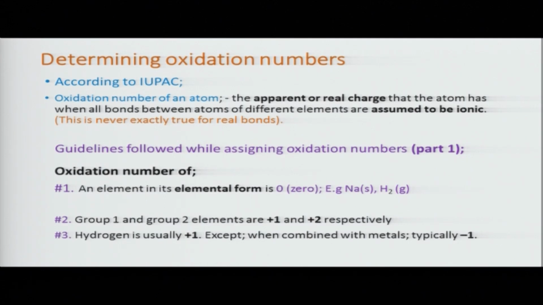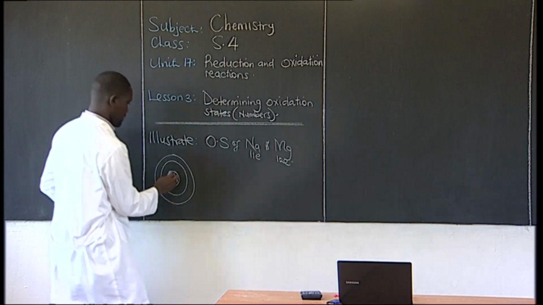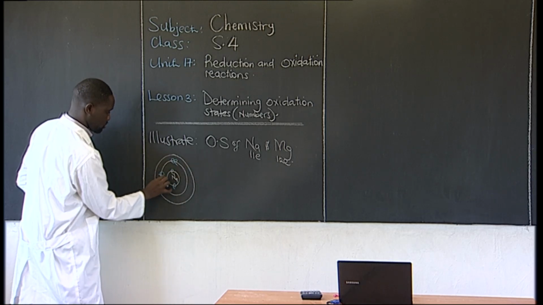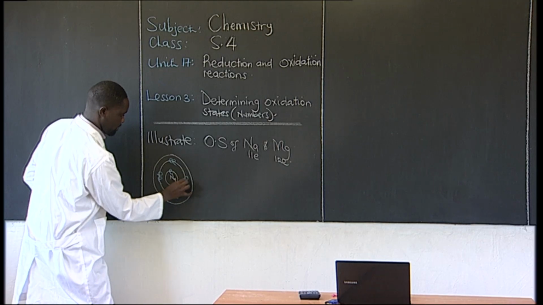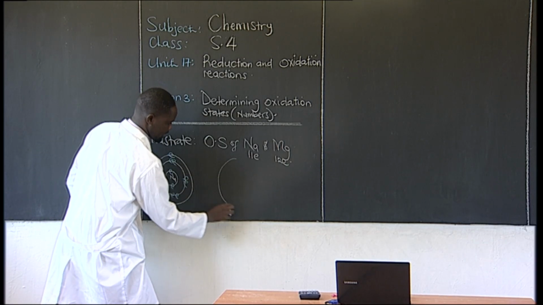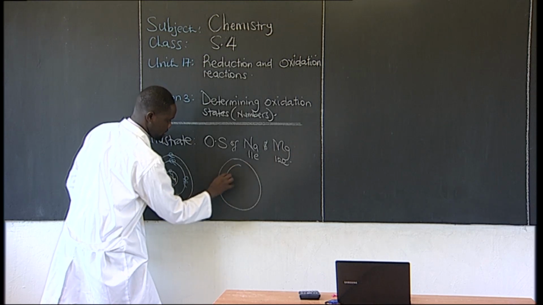So, if we use our ordinary understanding, very fast, this is sodium with 2 electrons and 8 electrons in here, then 1 electron, and this is magnesium.